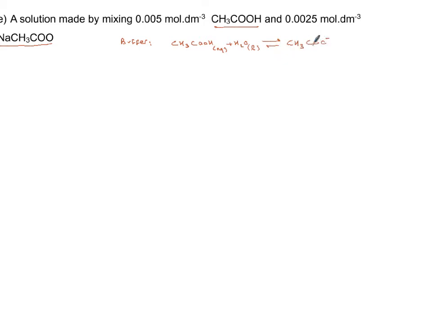CH3COO minus, which is the same as sodium ethanoate. So this is where the salt is adding another concentration. Therefore, you have a buffer. Plus H3O plus aqueous. Now, if you do ICE, you will do 0.005 minus x, except for sodium ethanoate.